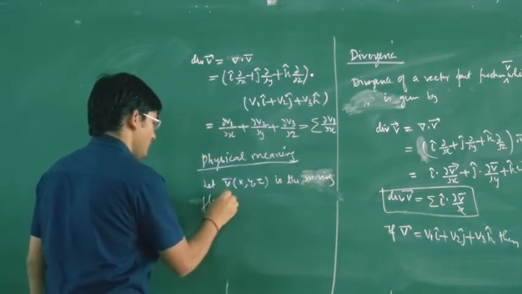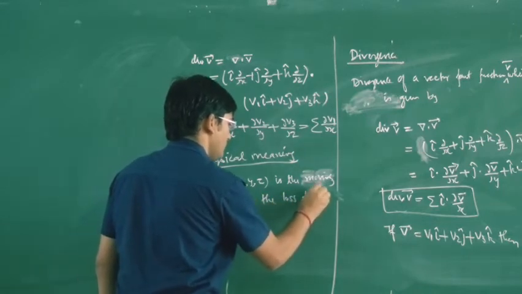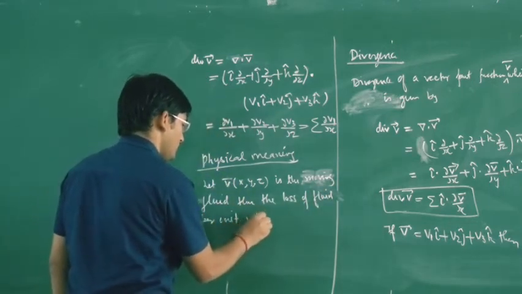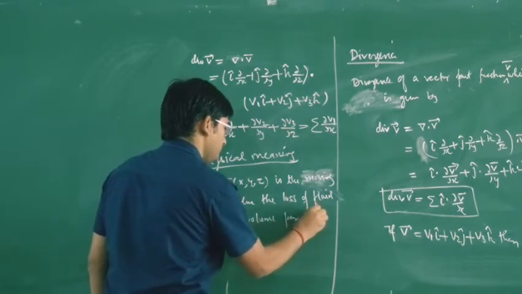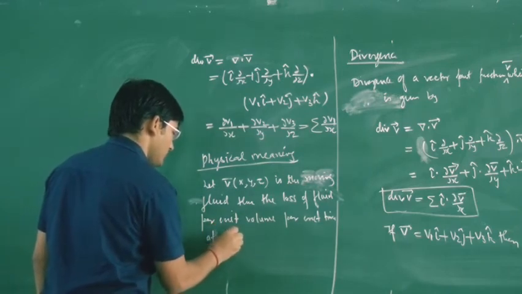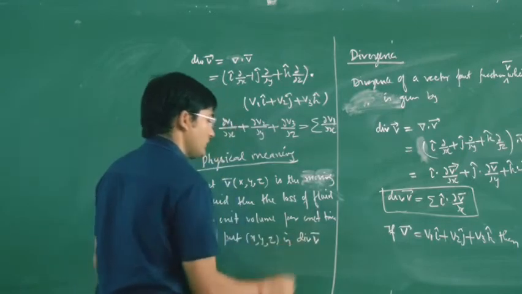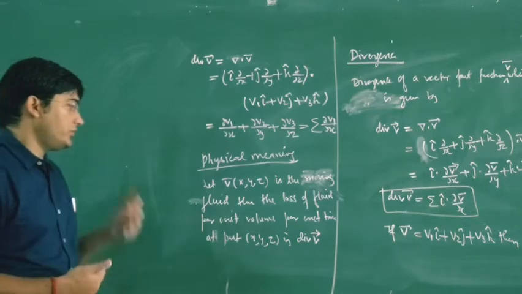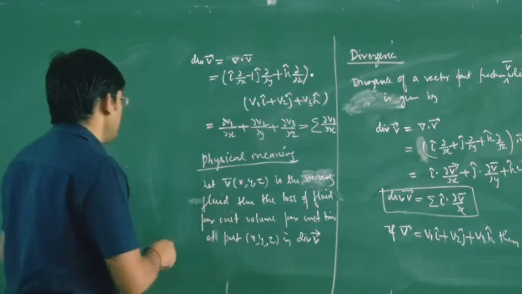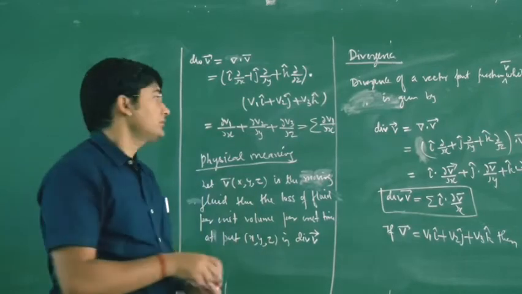Then the loss of fluid volume per unit time at point (x, y, z) is your divergence of v. So the loss of fluid per unit volume per unit time is your divergence v. That means we can also say that divergence v is basically the outward flux.